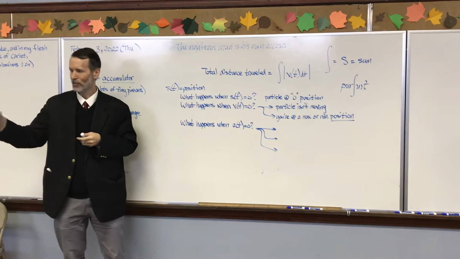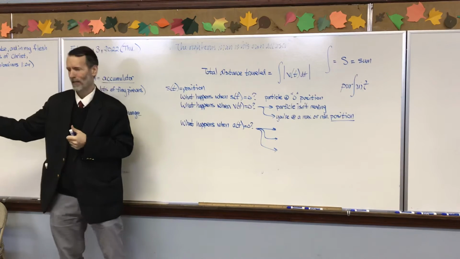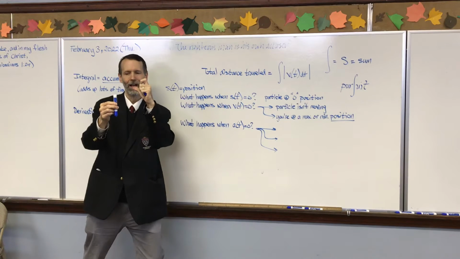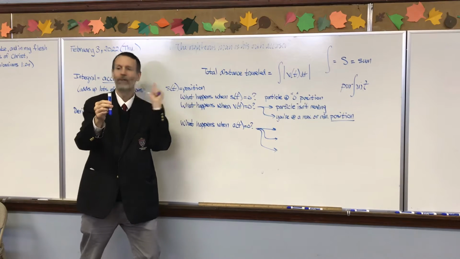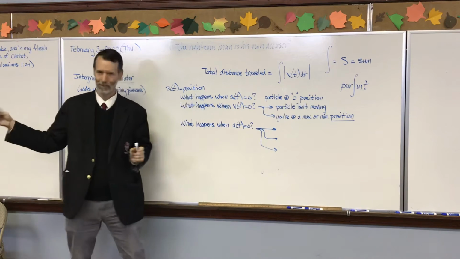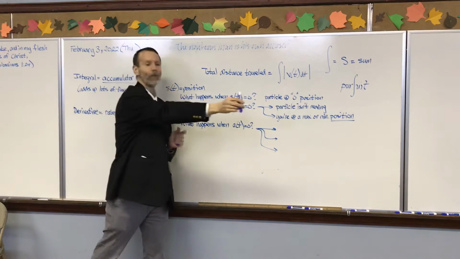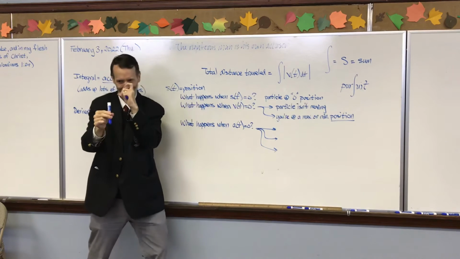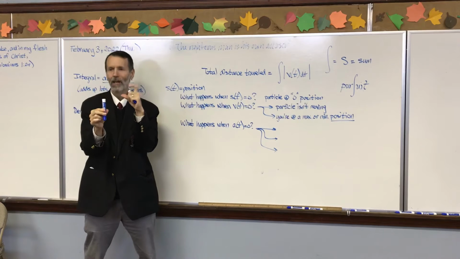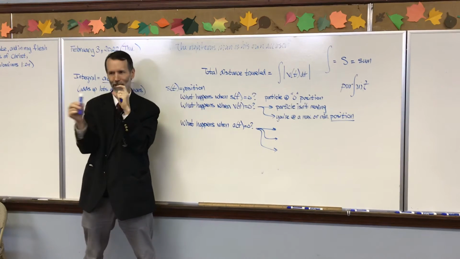It's moving this way at 10 miles per hour, and you go click, exactly at the center. S of t is equal to 0. V of t is not equal to 0. V of t is positive 10. If you're going backwards and you go click, S of t is 0 because it's dead center, but V of t is negative 10, because it's going backwards at 10 miles per hour. Does that make sense?